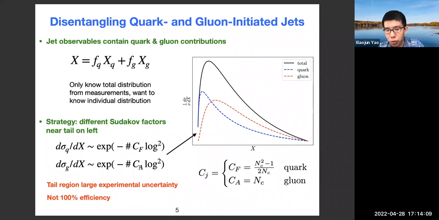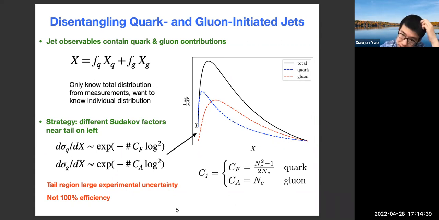Similarly, that's the gluon distribution, but the coefficients of the Sudakov double logs are different. For a quark distribution, the double log coefficient is proportional to CF, where CF is the Casimir for the fundamental representation, while the gluon distribution has a coefficient CA, which is the Casimir for the adjoint representation. These two numbers are different, and that leads to a difference between these two distributions in the tail region.